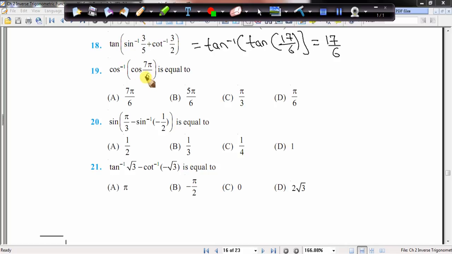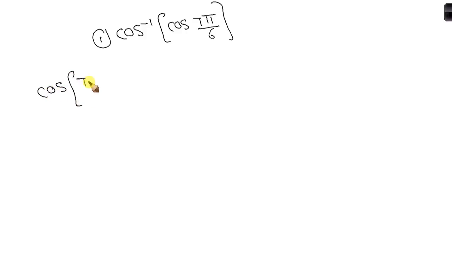Cos inverse of cos of 7 pi by 6. First, let us take cos 7 pi by 6 and simplify it further. Cos 7 pi by 6 is cos of 210. Cos 210 does not lie in the principal value range of 0 to pi.